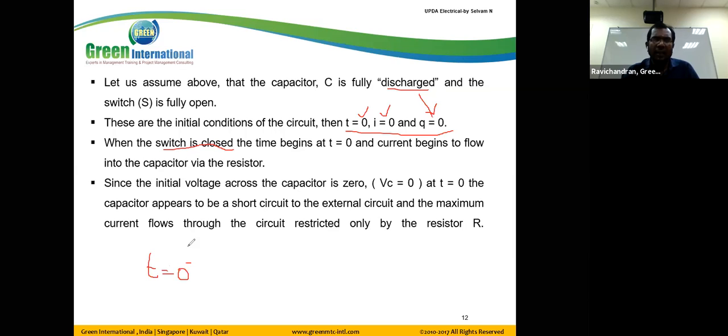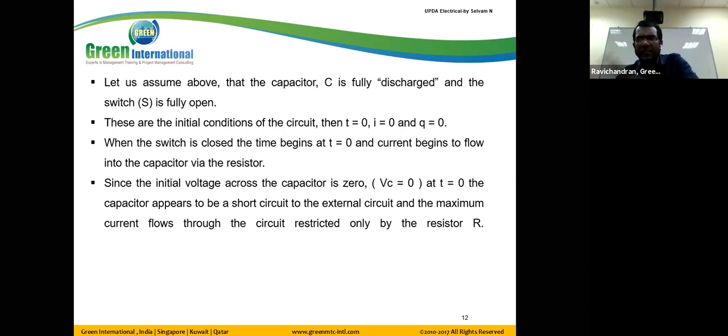When the switch is closed, the current flows from the voltage source to the capacitor through the resistance. Since the initial voltage across the capacitor is 0, later on the voltage depends upon the capacitor rating, and the capacitor will charge.